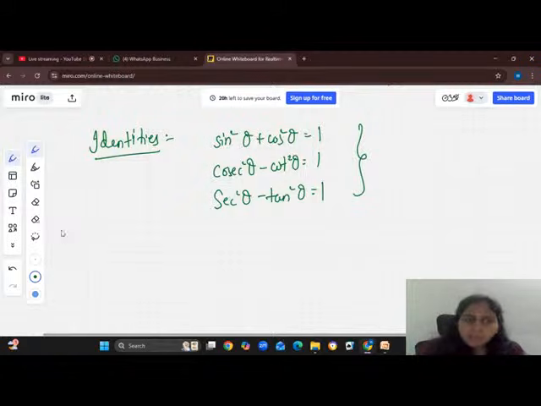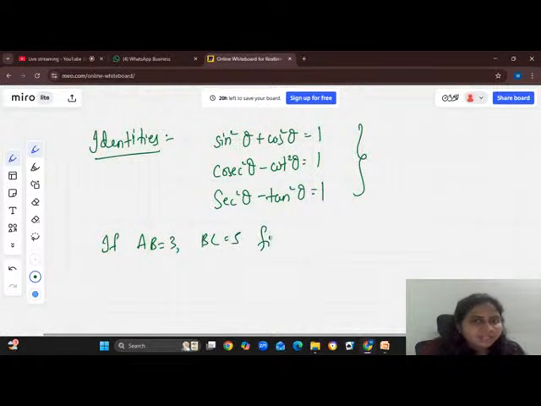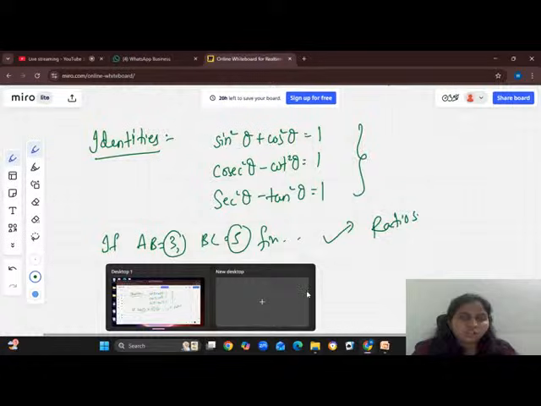I want to tell you one thing. Whenever you see values in your question, like AB is equal to 3, BC equal to 5, and find something, just go directly with your ratios, that is opposite by hypotenuse.